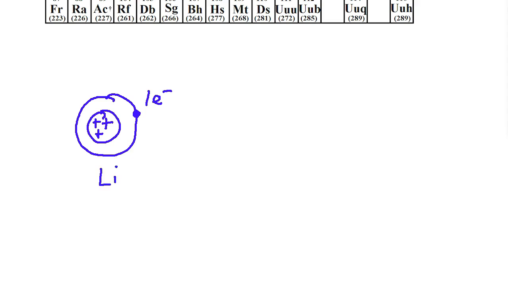Then if I were to take a look at beryllium, beryllium's going to have 4 protons in its nucleus, and in its shell it's going to have 2 electrons. So what's happening here is that the extra proton gives more pulling ability. So there's a greater effective nuclear charge. It has a greater pull on the electrons that are surrounding. And you're going to find the same thing as you go on.